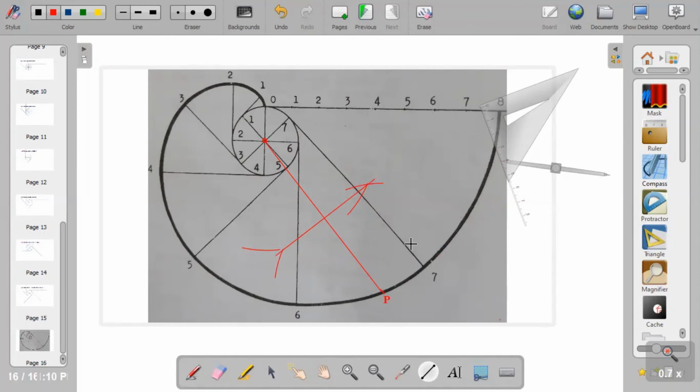So the next thing is to draw a semicircle. Pick your compass and take the radius from O to the bisector.